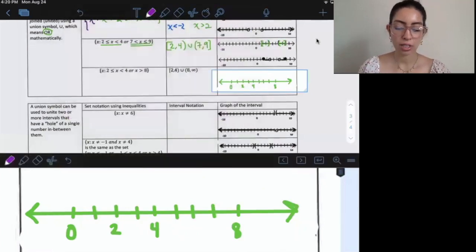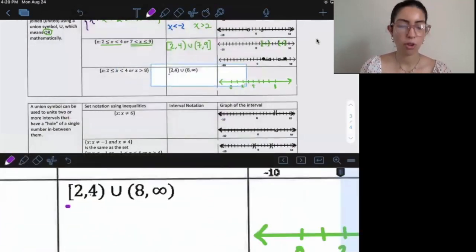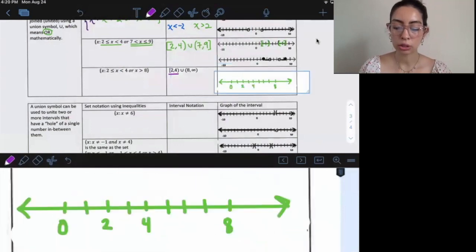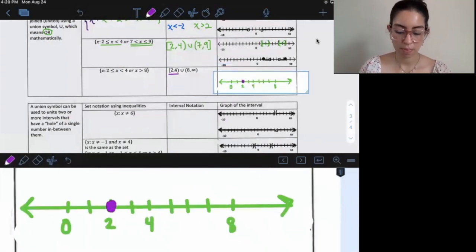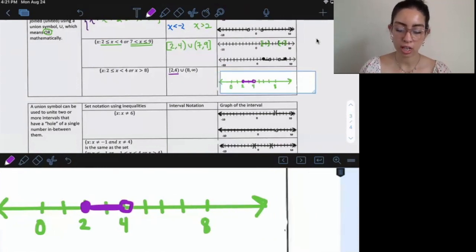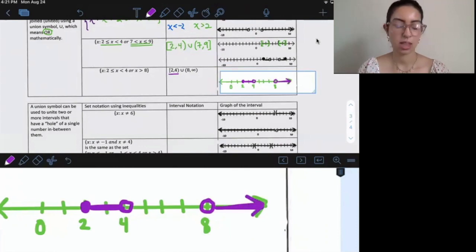So we've got the first interval from 2 to 4, including 2, but not including 4. Connect those. Okay, there's the first part. And then we have x is greater than 8, or 8 to infinity, not including 8. And there's the second piece. So now together, that's our graph.